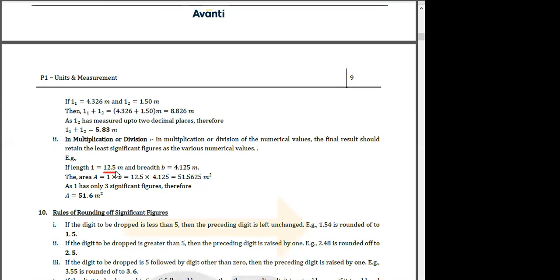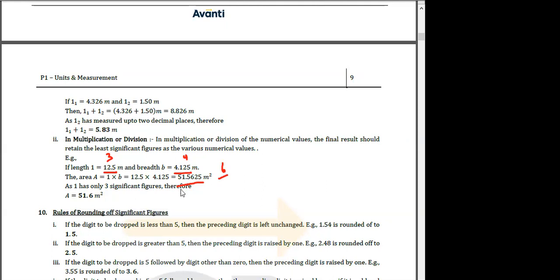Here, three significant digits. Here, four significant digits. So if you multiply, we can get, tell me, more number of significant digits, right? So here I'm getting 6 significant digits, but our answer should be in, tell me, our answer should be in 3 only, least one, right? Enough. So I have to round this off.